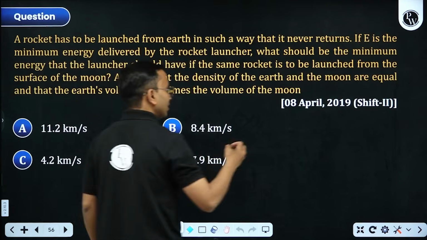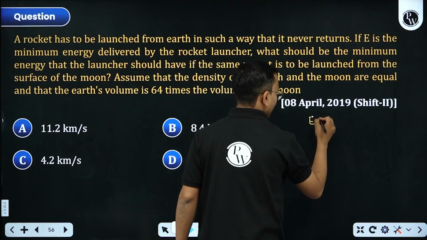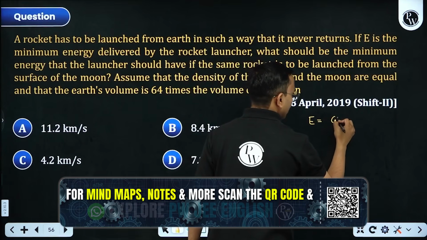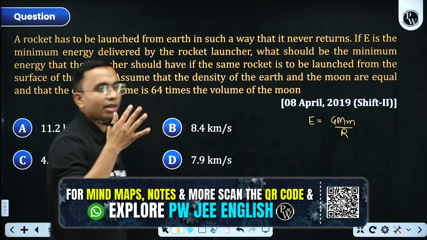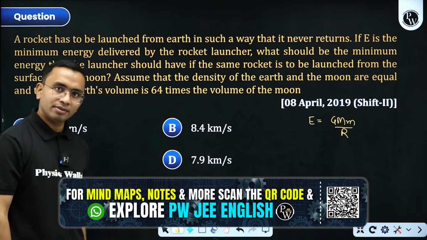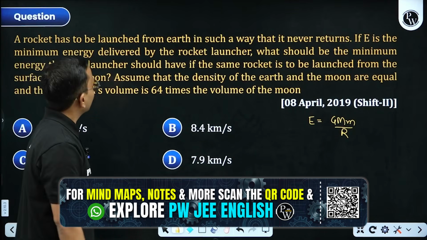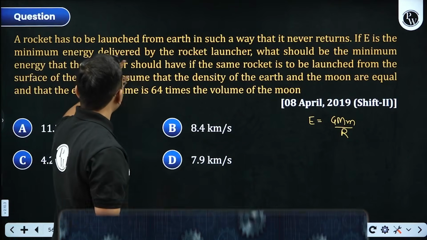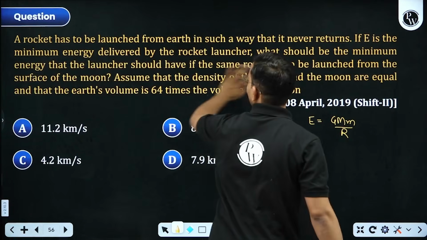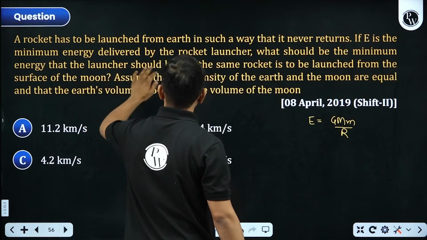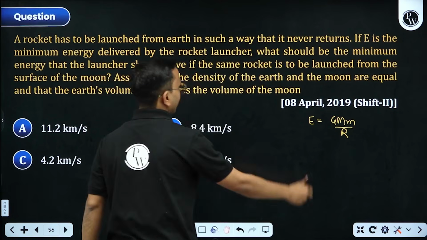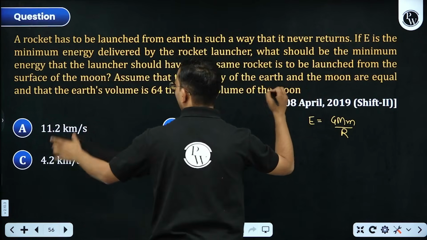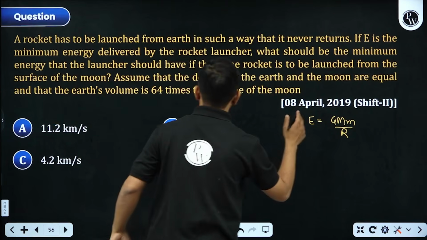So when I say E is equal to gmm by r, this is the escape energy that is needed. Is that point clear? Here it is saying, assume the density of Earth and moon are equal, and Earth's volume is 64 times the volume of the moon.